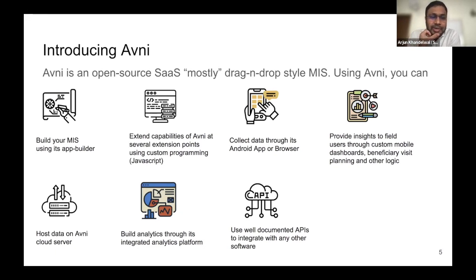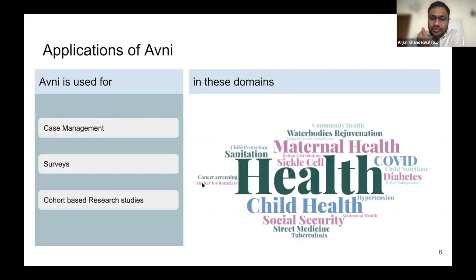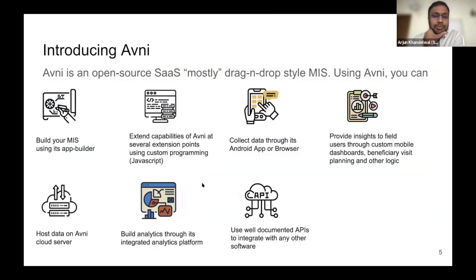Once the MIS is set up, users can collect data using Android application, web application, or even there are options to upload data using CSV, or connect with well documented APIs using which you can push and pull data from Avni.